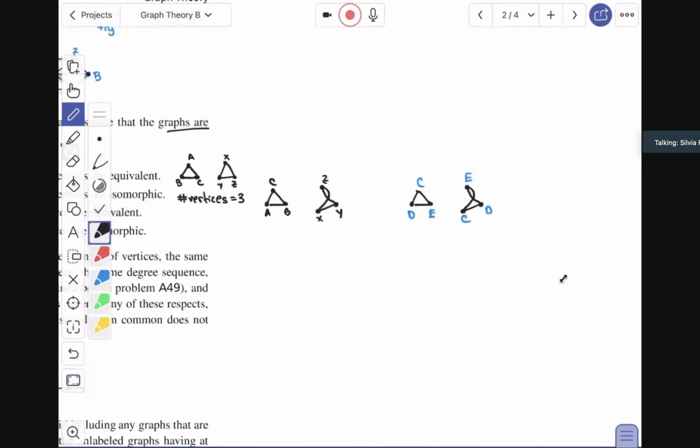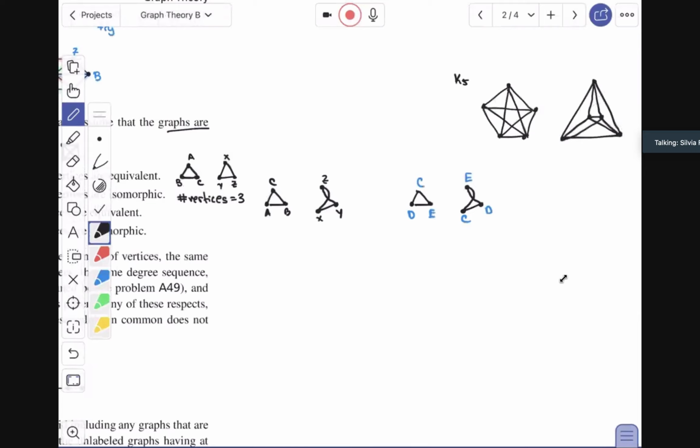And I can show you, for example, here's a K5. That would be the most typical way to draw a K5. And here's another K5. I just need to make sure that all pairs of vertices are joined by edges. There. So there's another K5.